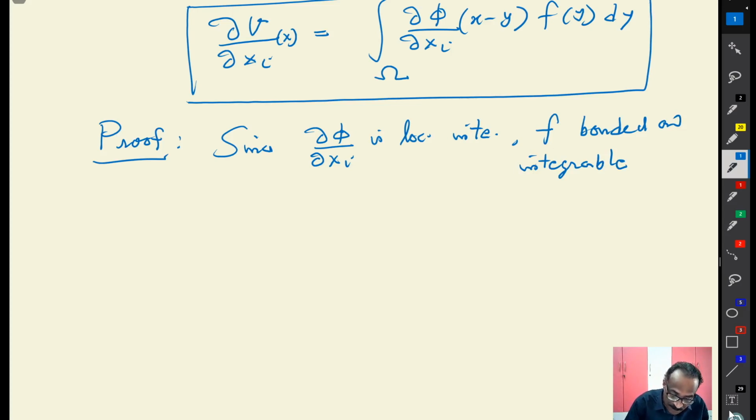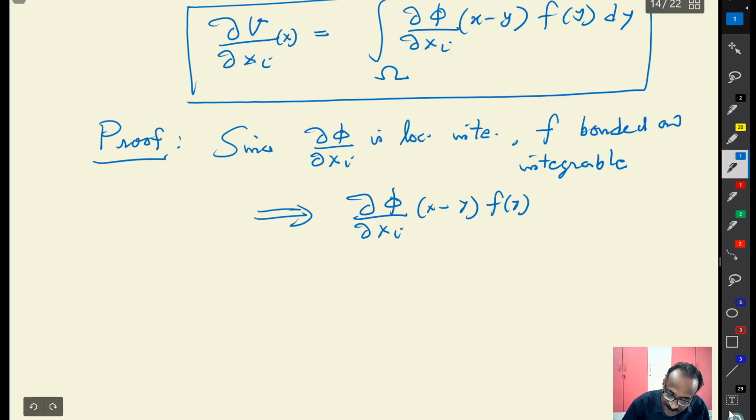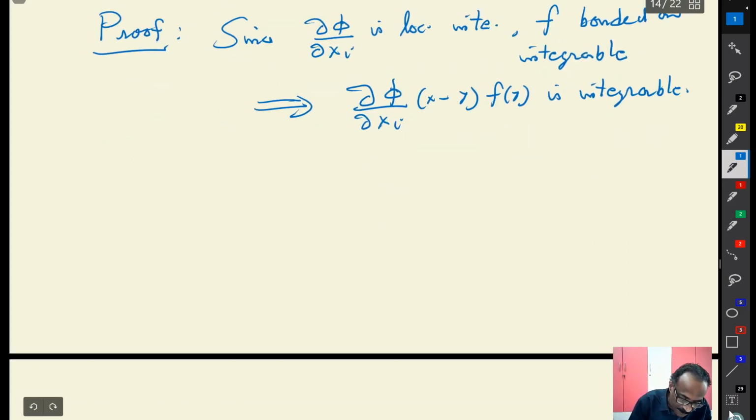When it is bounded, that implies dphi by dxi of x minus y times f of y, for each x, is integrable. That's the first observation, and that means the RHS is well defined as a finite quantity.